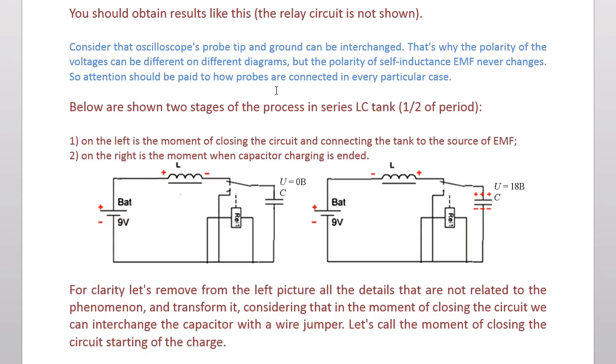Below are shown two stages of the process in the series LC tank in 1/2 of a period. On the left is the moment of closing the circuit and connecting the tank to the source of EMF. On the right is the moment when capacitor charging has ended.